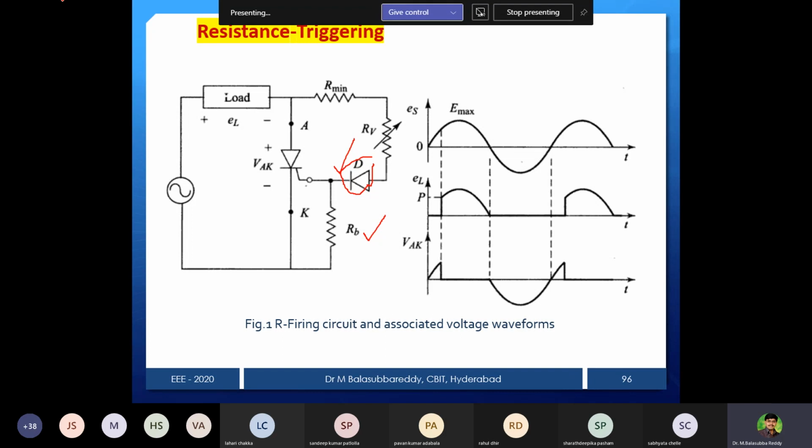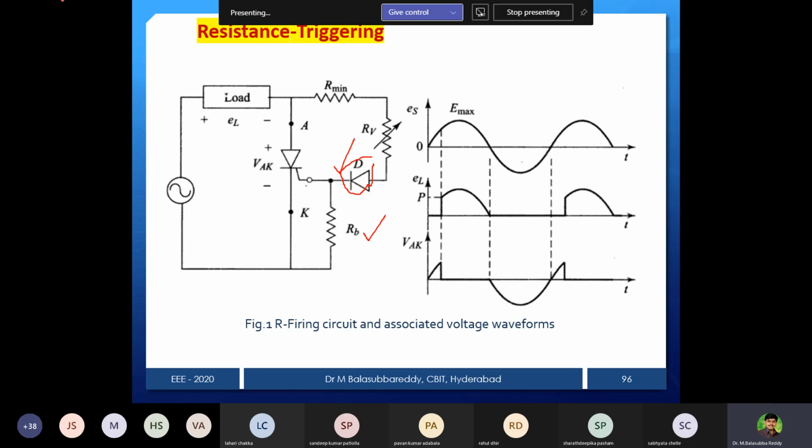If the voltage across gate and cathode equals VGT, then the device is triggered automatically. To prevent that, we use RB, the damping resistance. It minimizes the voltage across gate and cathode, so it is always less than VGT. Therefore, it won't trigger.